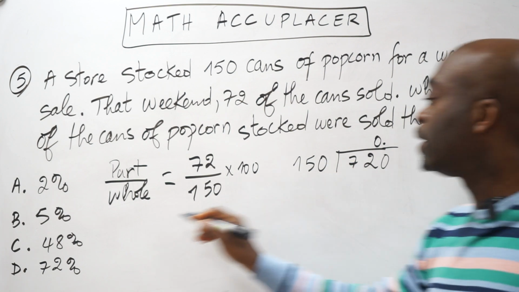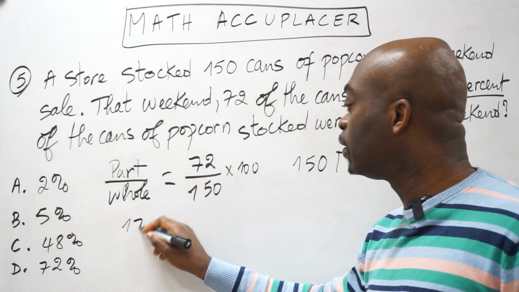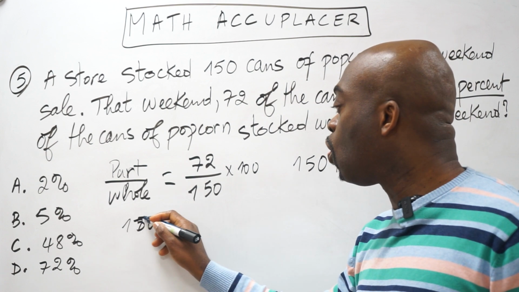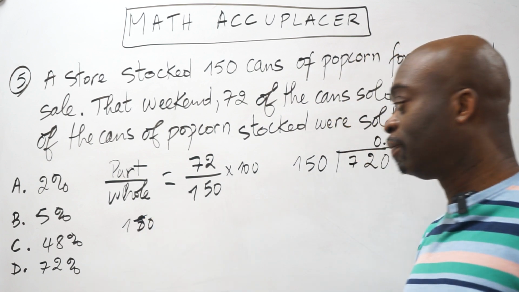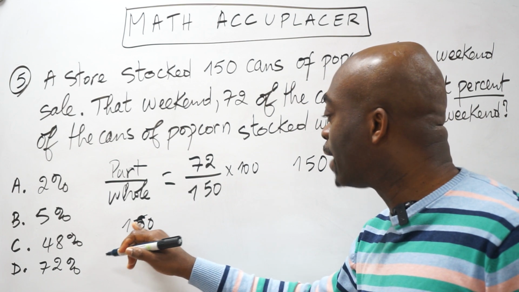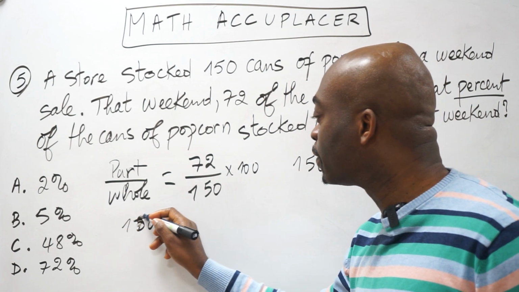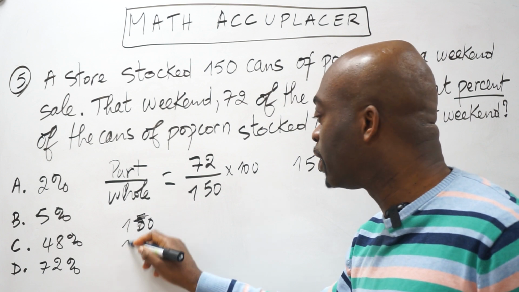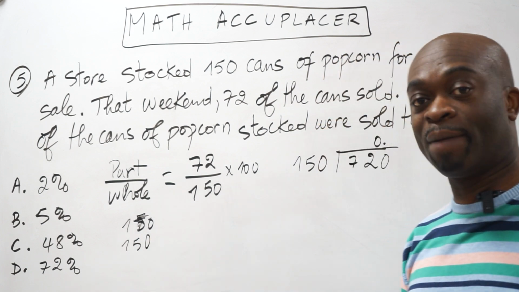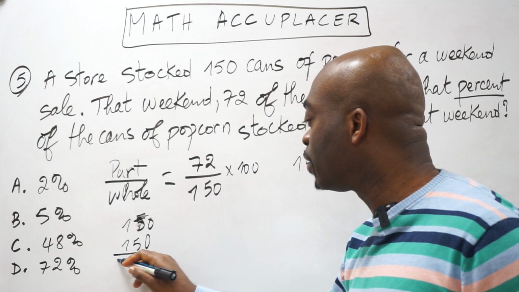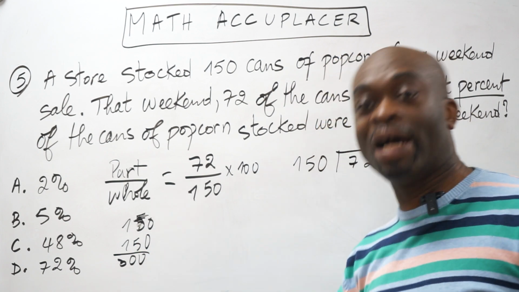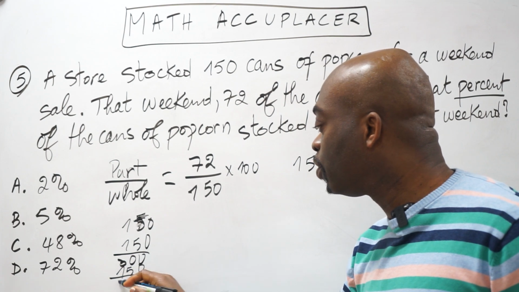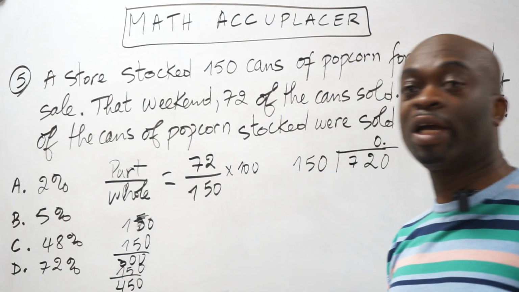So 150 for the first one, then you add another 150, and that gives you 300. Then you add another 150 to it, you have 450, and then just continue.